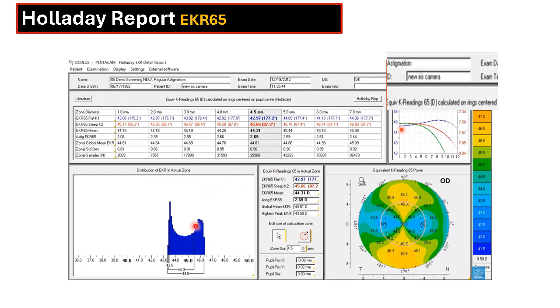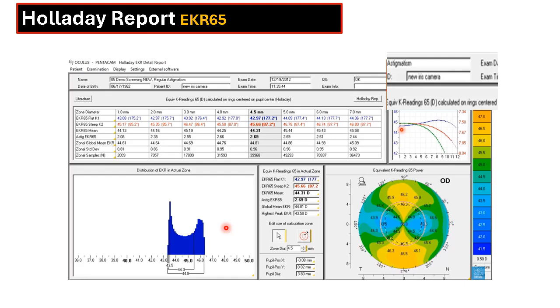Now, by the use of the EKR 65, you will not need to use any A constant anymore with any IOL calculation, because the calculation already takes into consideration the back surface of the cornea, which is deducted from the normal, and any residual value left is added to the anterior surface of the cornea. That's why it is named EKR, effective keratometric reading.